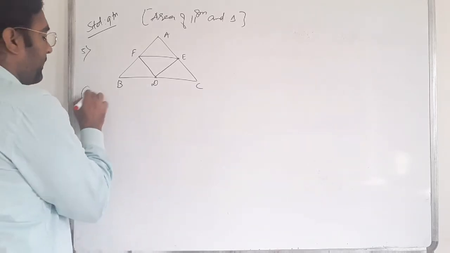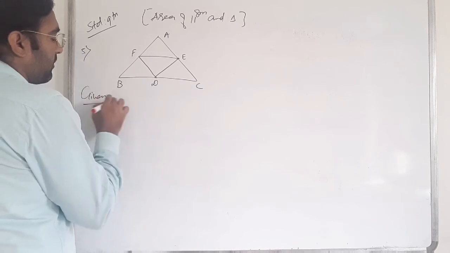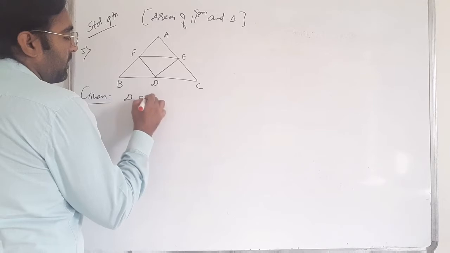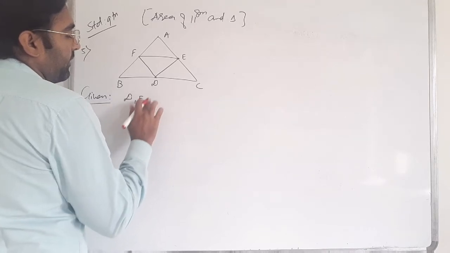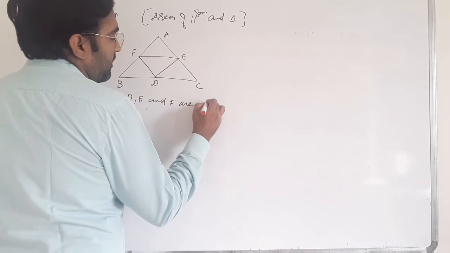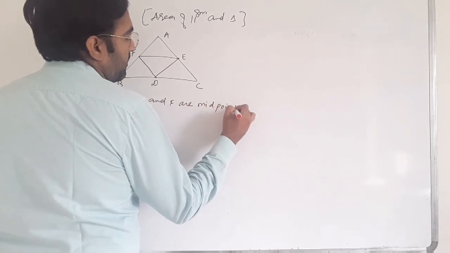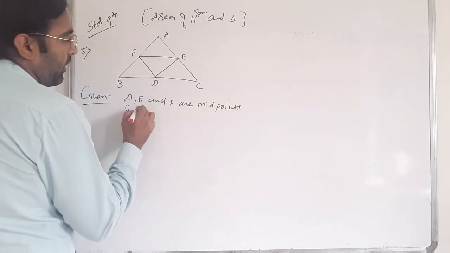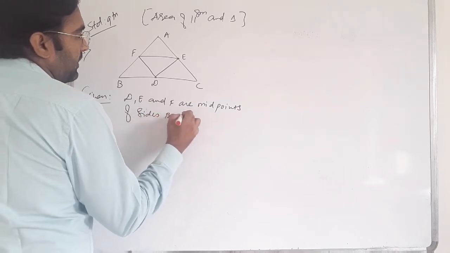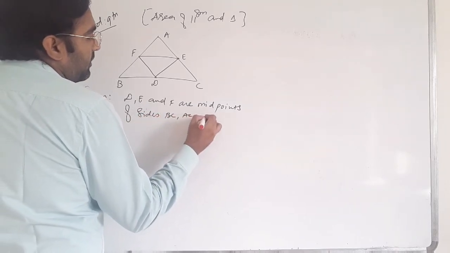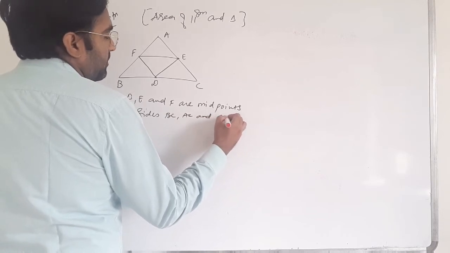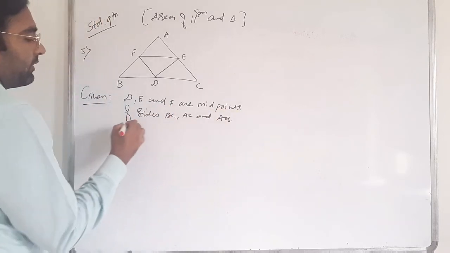So first of all we have to write as given: D, E and F are midpoints of sides BC, AC and AB respectively.